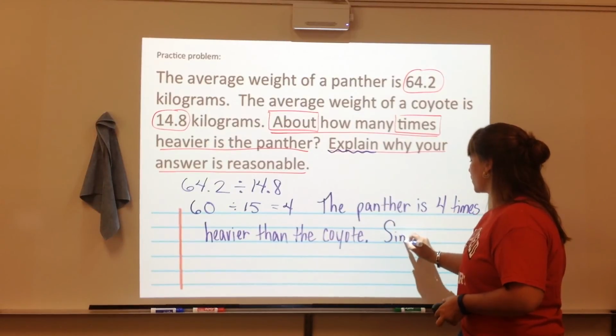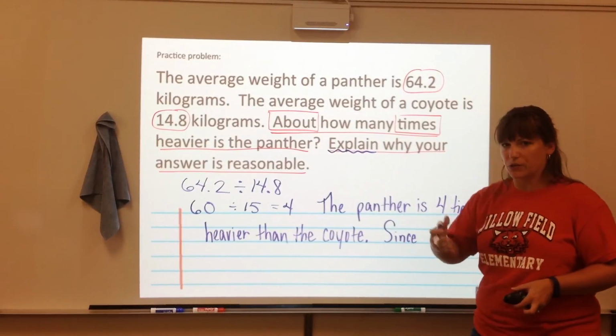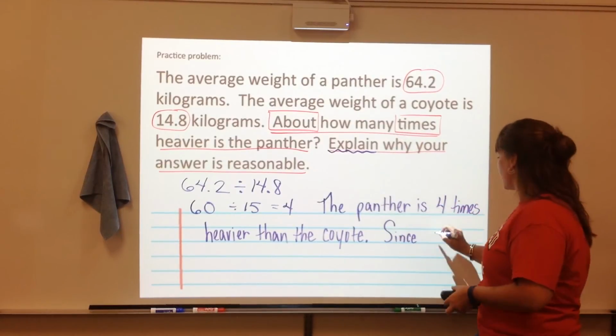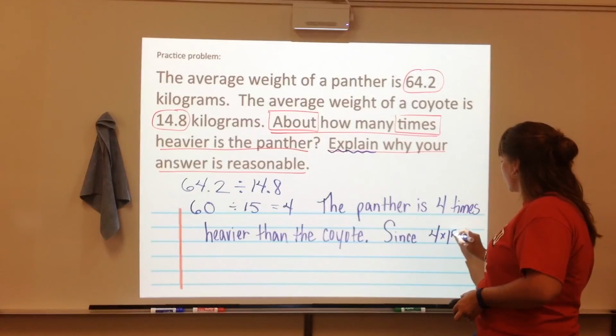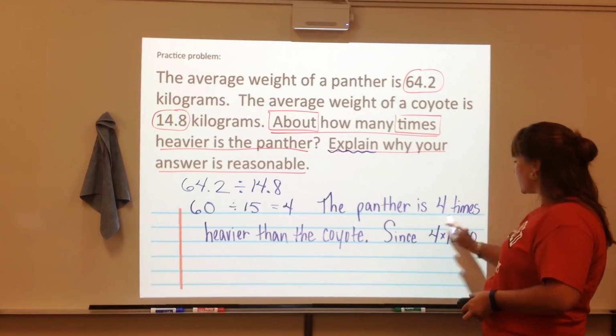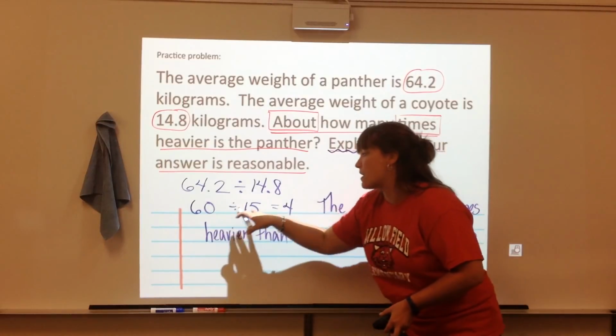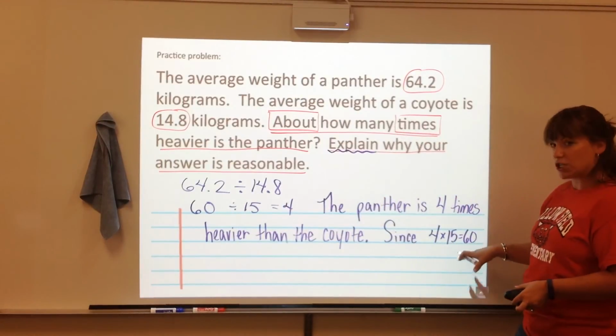Now, here's the explanation. "Since" is a nice word that is an introductory word that starts off your explanation. Since 4 times 15 equals 60, and all I really did is reorder the fact family. I have 60 divided by 15 is 4. Now I just changed it around.